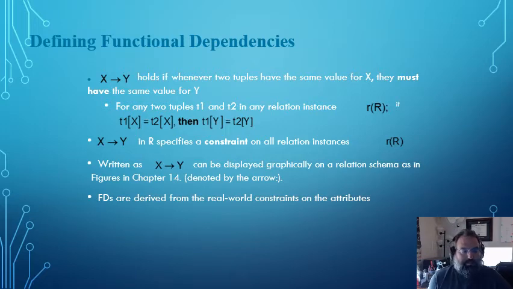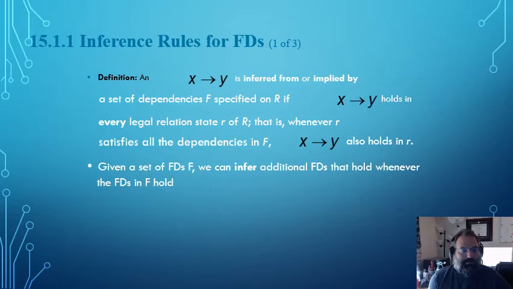X implies Y in R specifies a constraint on all relation instances r of R. It can be denoted graphically in a relational schema, as in the figures in chapter 14, by an arrow. Functional dependencies are derived from the real-world constraints on the attributes.